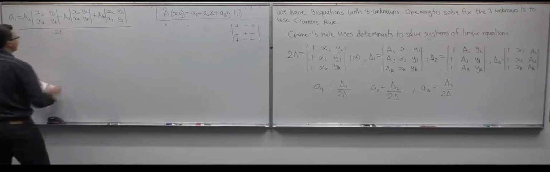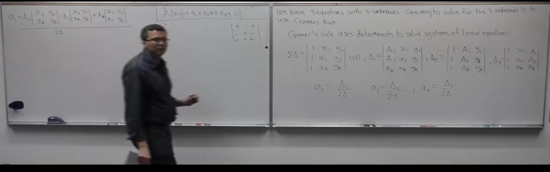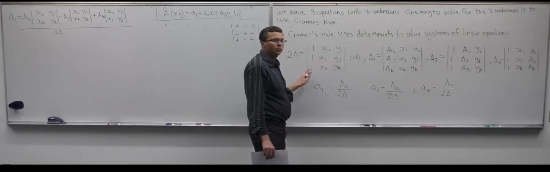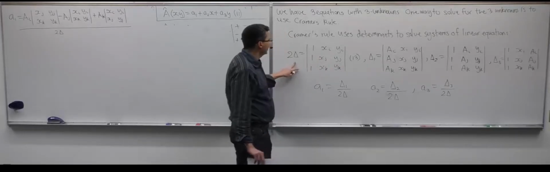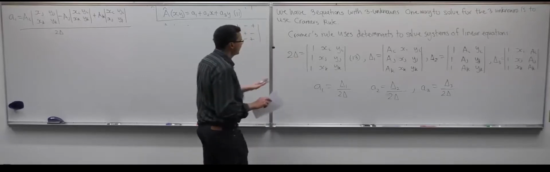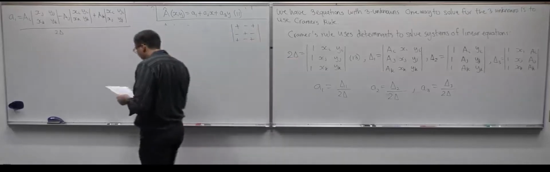Now it turns out that if you look at the 2 delta, there are no magnetic vector potential terms. It's just coordinates. If we evaluate this, it turns out that this is equal to 2 times the area of the triangle. I'm not going to do that here, but you can check that.